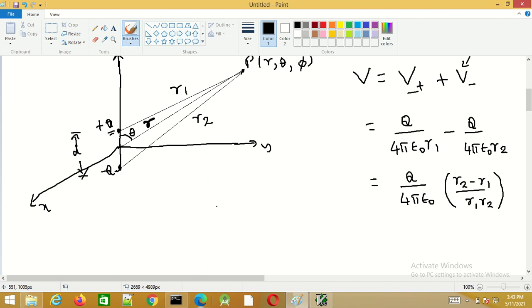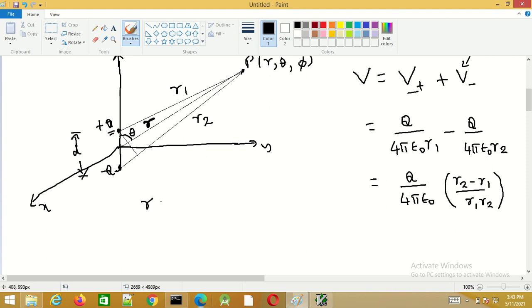Here we can observe that this is a right angle triangle, and because this point P is at a large distance, we will assume that this r is very much greater than d.